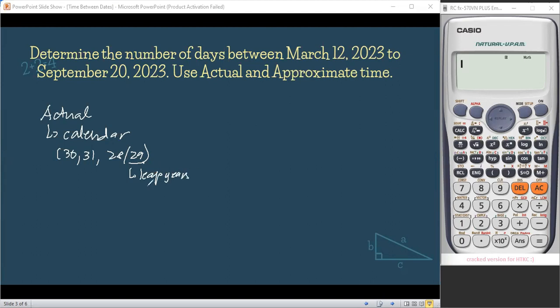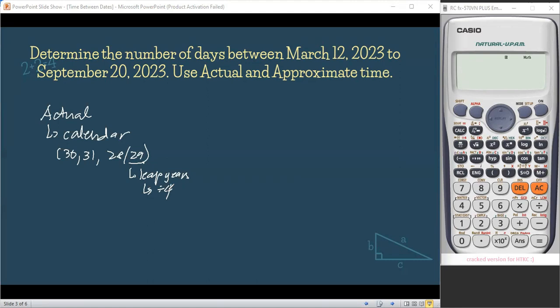So, paano nga po uli natin malalaman na leap year ang isang year? When the last two digits of the year is divisible by 4. So, halimbawa, 2012, yung last two digits niya po is 12. Is 12 divisible by 4? Yes, it is. Meaning to say, 2012 is leap year. Halimbawa, 2028, is 2028 a leap year?